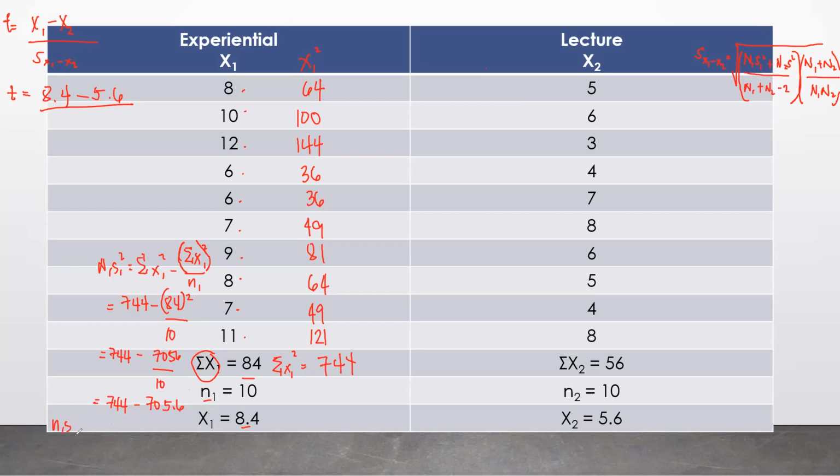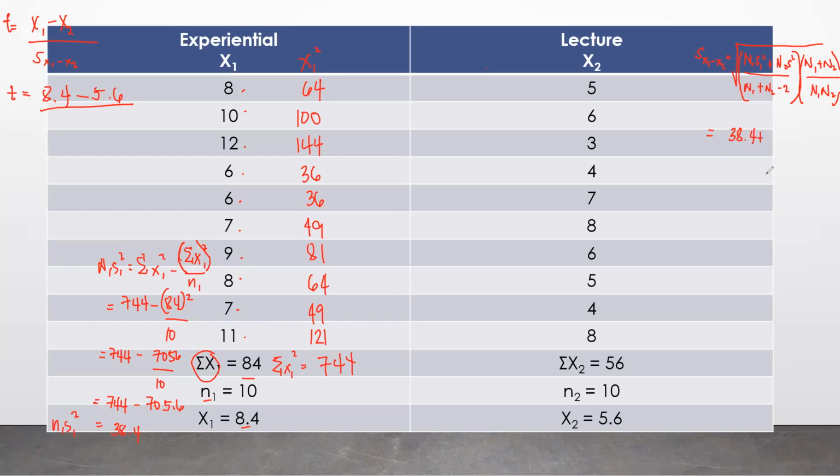So, N1 S1 squared is 744 minus 705.6 is 38.4. Again, this is 38.4. So meron na tayong sagot diyan. We can now proceed. The N1 S1 squared is 38.4.